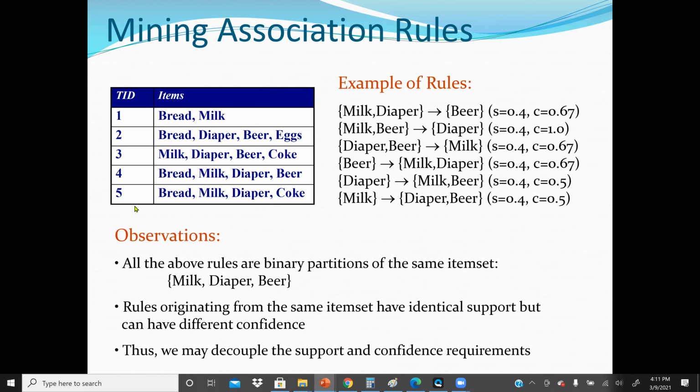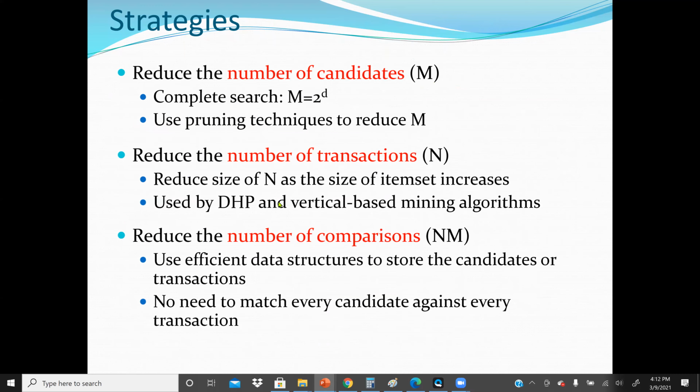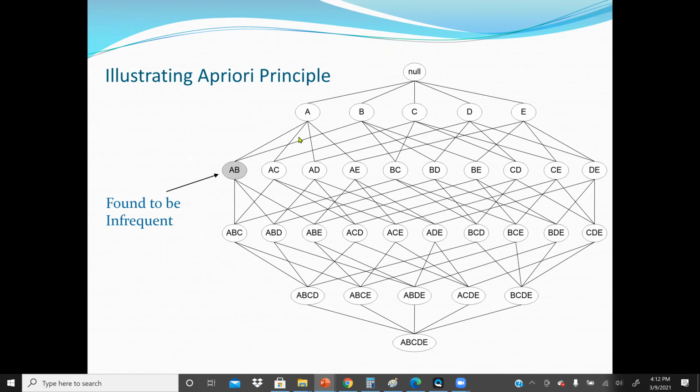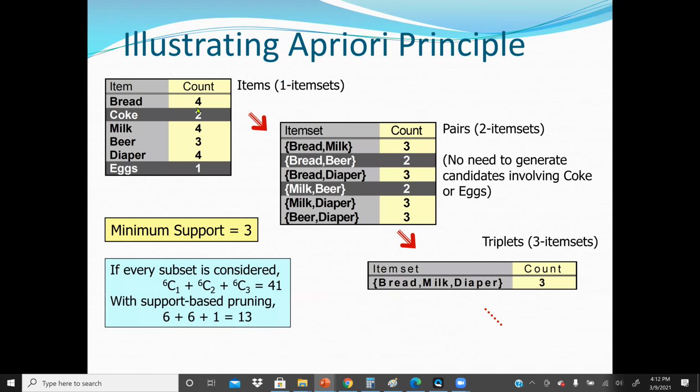We have 5 transactions, but if you count all the items here, it's 6 unique items: bread, milk, diaper, beer, eggs, and Coke. So there are 6. The rest is repetition. That's why in Apriori, you first get the item sets of size 1, so all the 6 items.